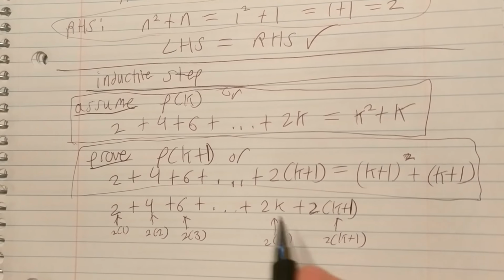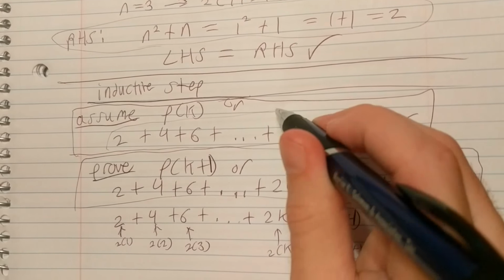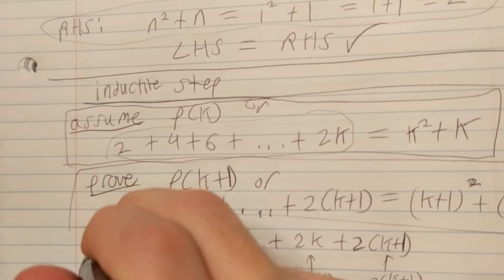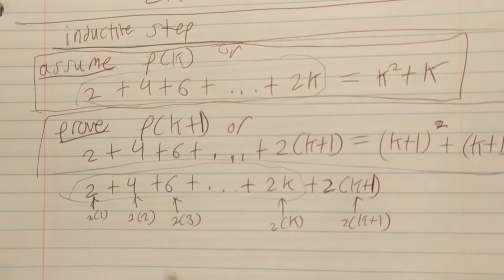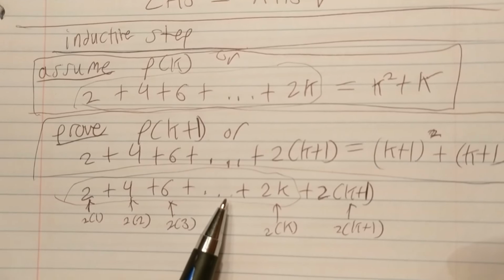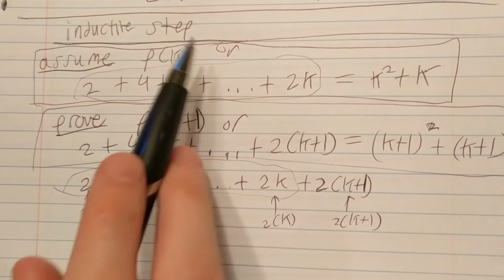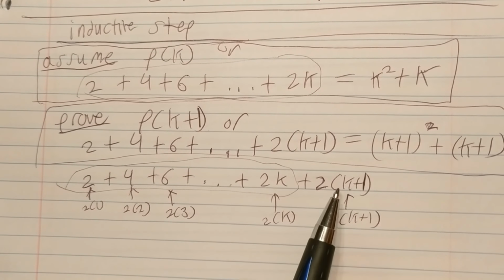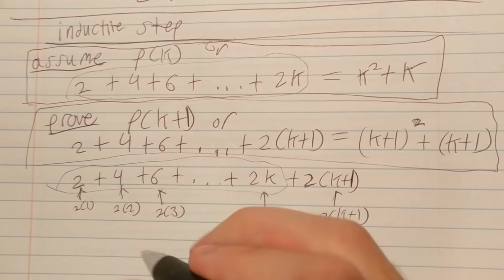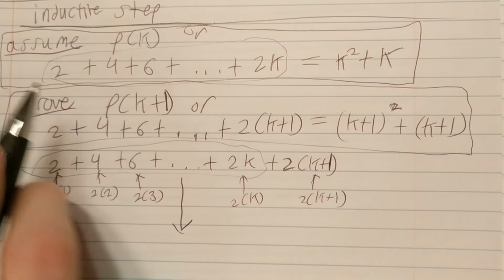And if you'll notice, this is here in this equation, because basically we're saying it's the property for k, but with the additional k plus 1 term. So we could substitute our inductive hypothesis.